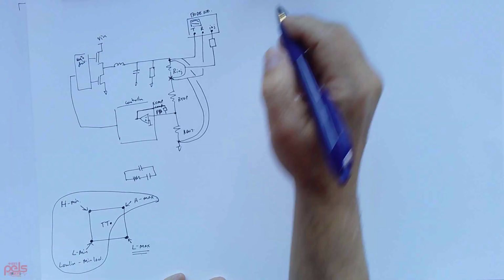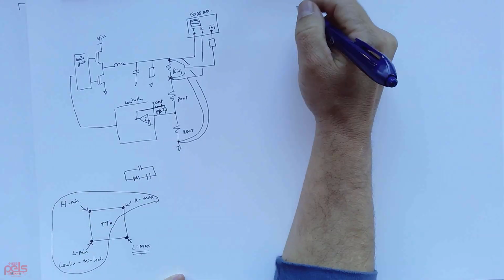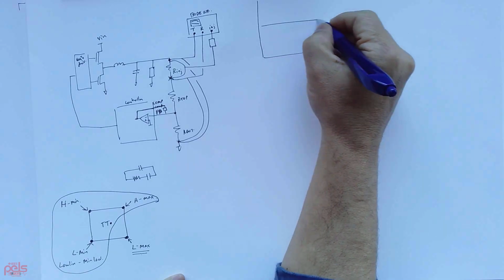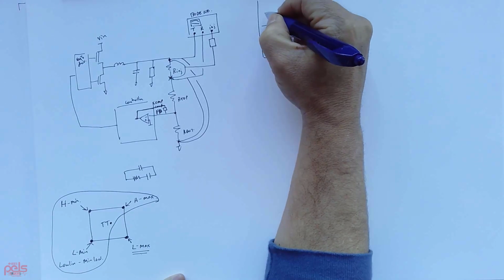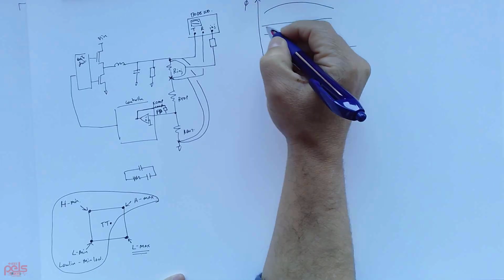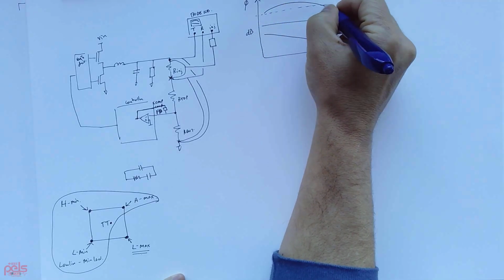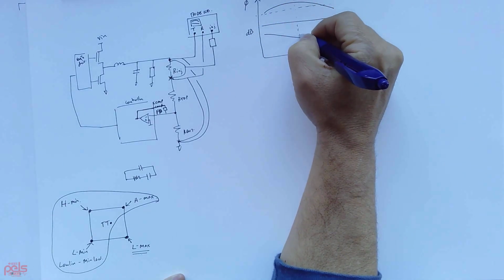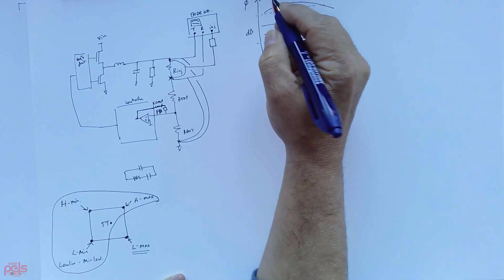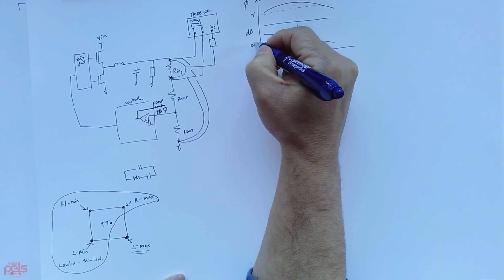For the rest of the corners, I was getting a textbook Bode plot that looked like this. So this is phase, this is dB. This is the crossing, right? This is 0 dB, and this is 0 degrees.